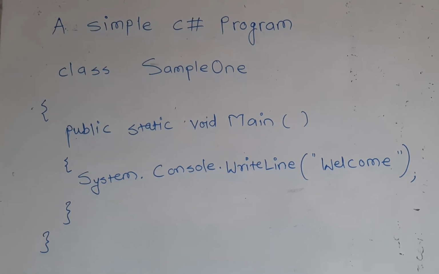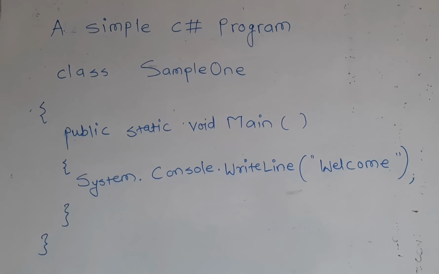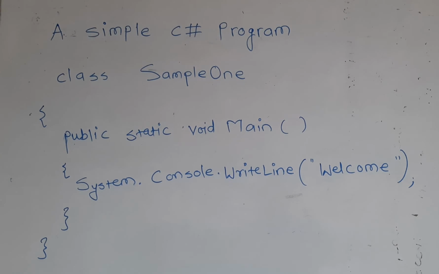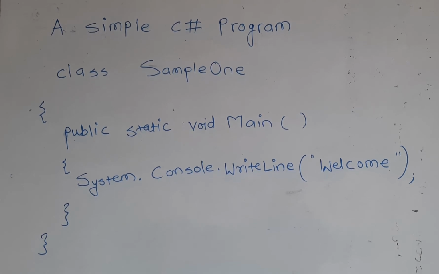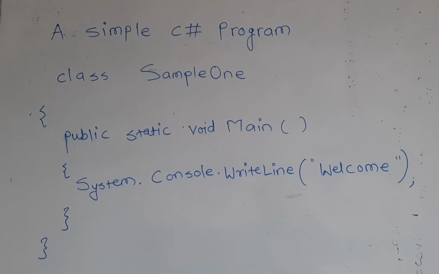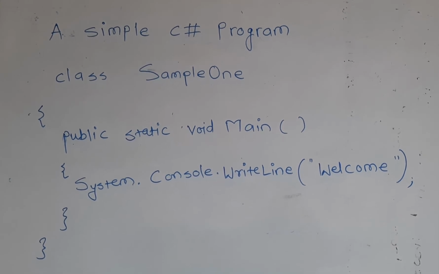The curly bracket is open. From here, the definition of the Main function is starting. In this statement, we write one output statement, and that output statement is System.Console.WriteLine. Here we write a dot symbol after each word. Here System is a namespace.